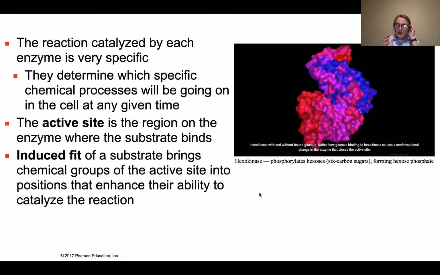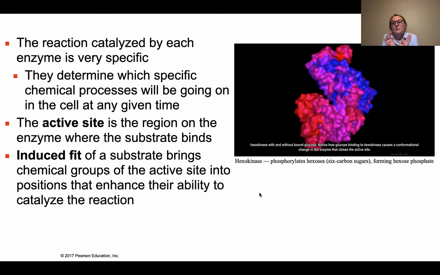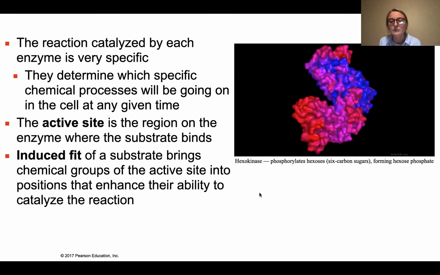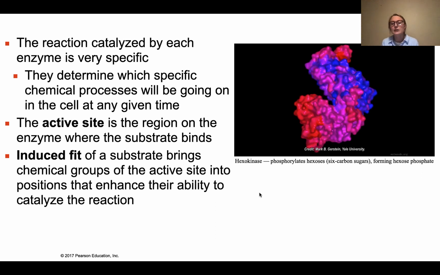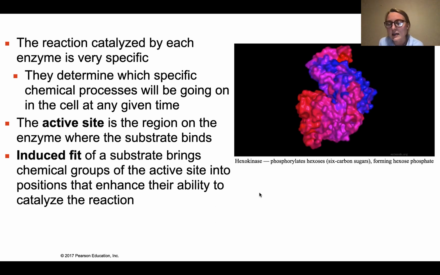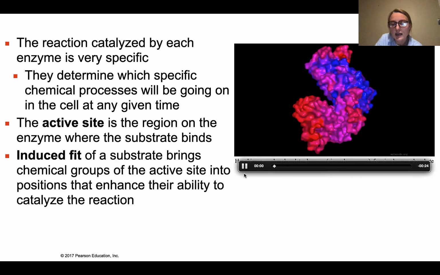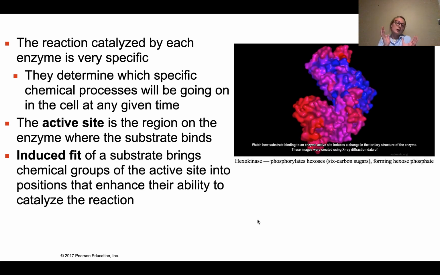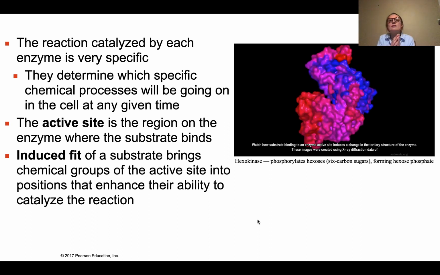So a few of our amino acid groups are able to kind of hug or have that induced fit around our substrate, which we are seeing here in this little animation of an enzyme. The enzyme that we see here is called hexokinase, and it's going back and forth between those two shapes because the substrate is bound or whenever the substrate is not bound.